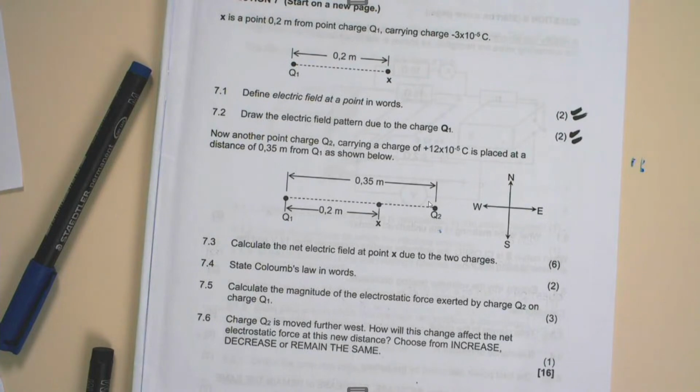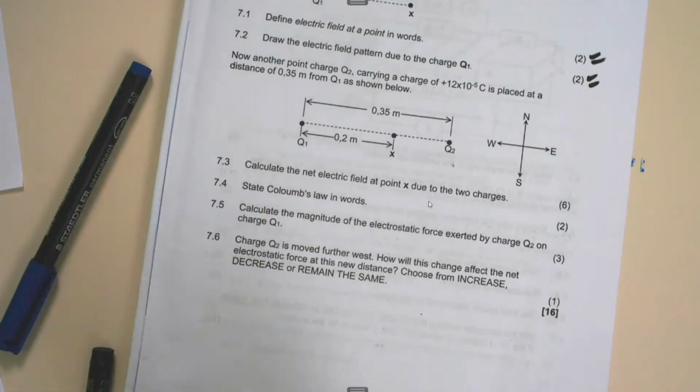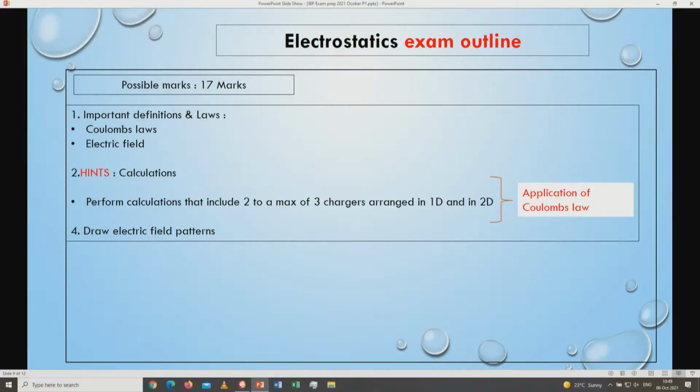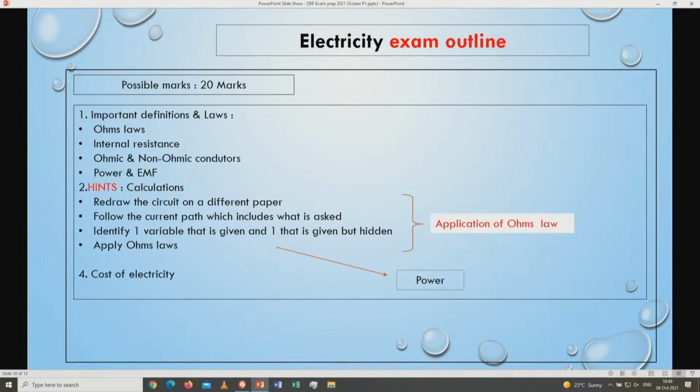We will not go into detail with it, but we know now the achievables, we know what to look for. So it will be around plus minus 17 marks. So kindly ensure that you are able to achieve about 50%.